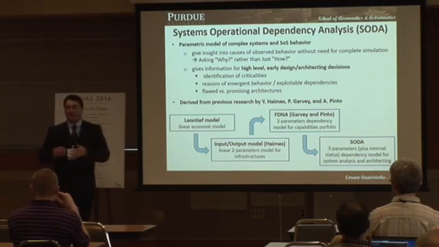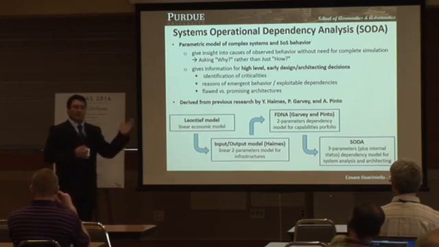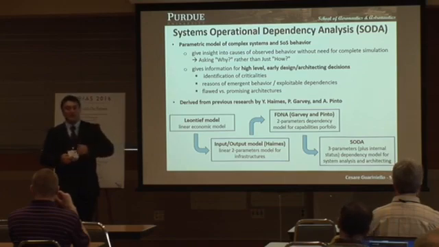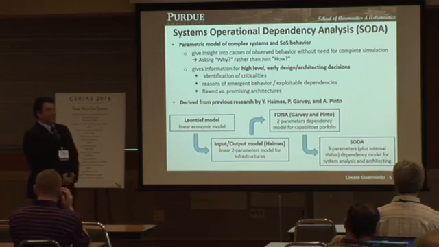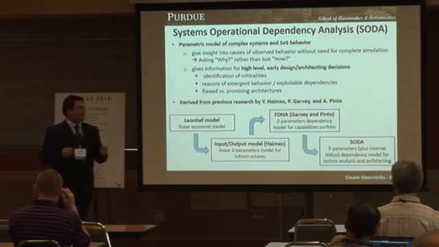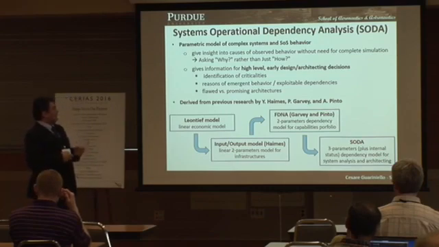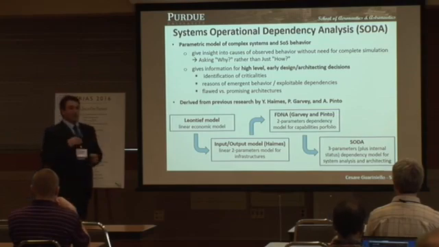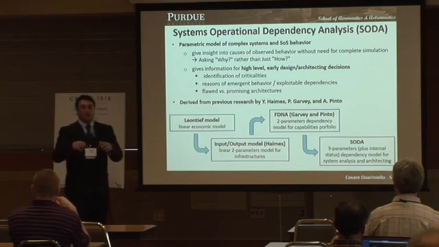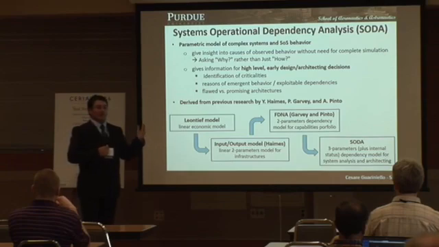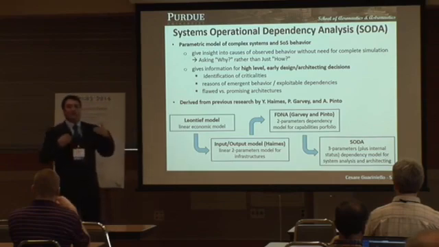This caused trouble because when we got results in our SOTA model, they were very different from what we saw in the agent-based model. So I improved it by adding a third parameter, something that represents the internal status of the systems we are considering. In the end, as we'll see in the next slides, I achieved a quite good model that can give some information for high-level architectural decisions. What we're trying to do with this tool is identify how I can put my systems together in a feasible way that is also robust enough to allow me to achieve a certain threshold of operability even when I'm under attack.